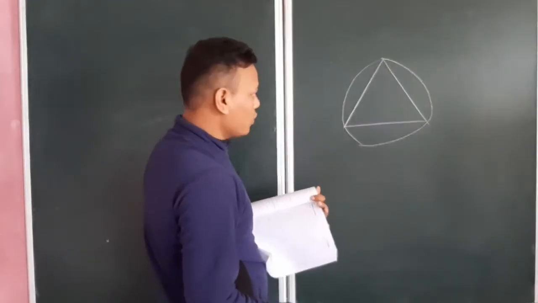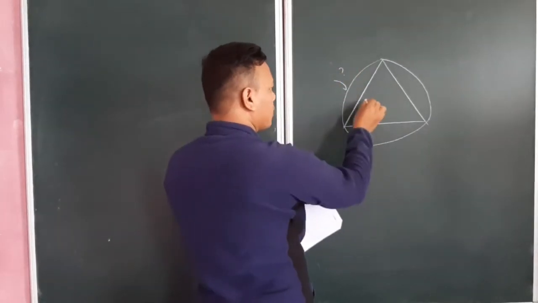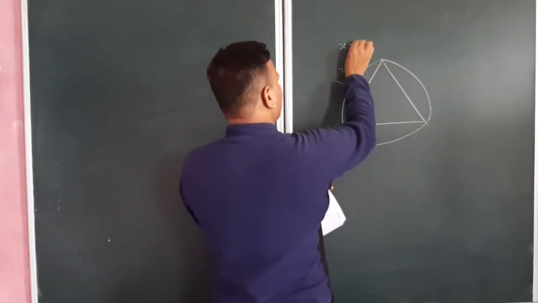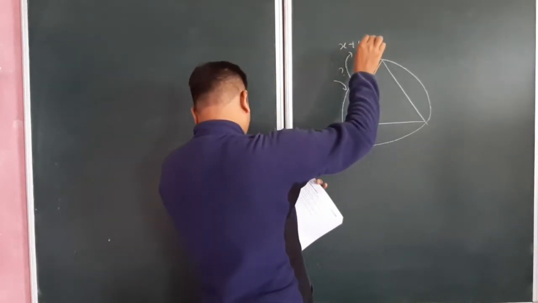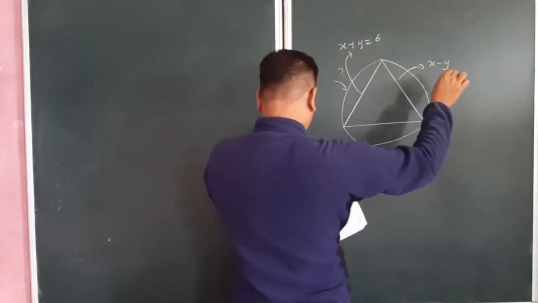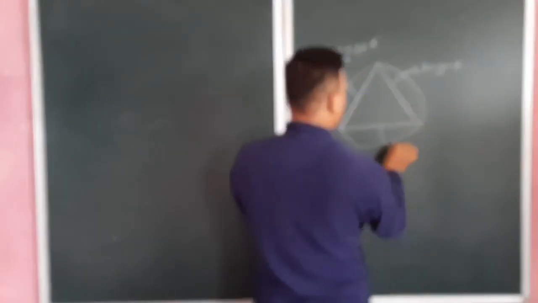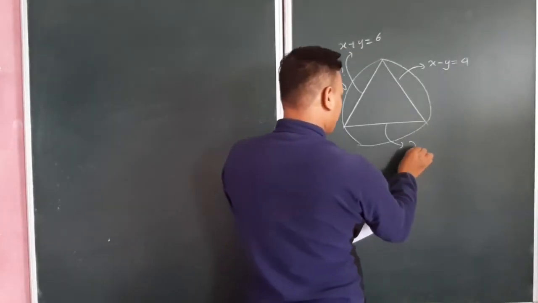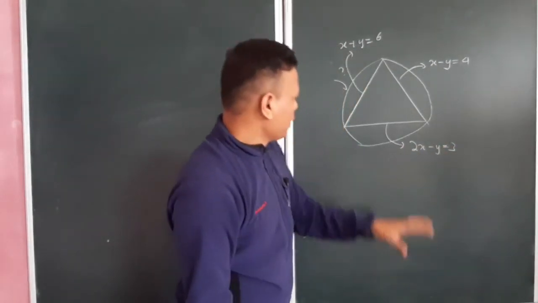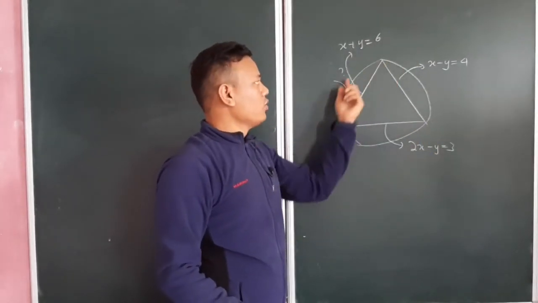It is given that the equations of the sides are x plus y equals 6, x minus y equals 4, and 2x minus y equals 3.